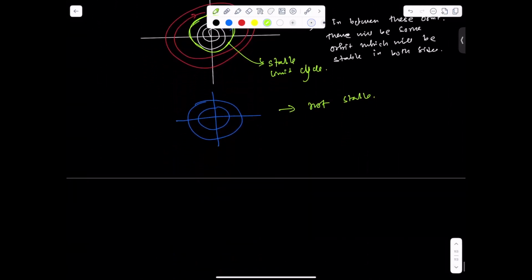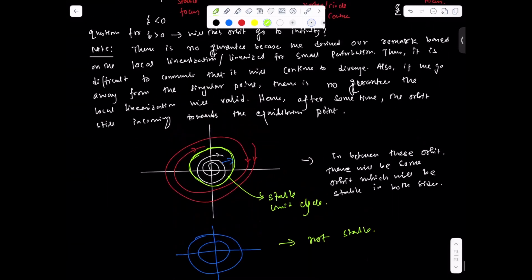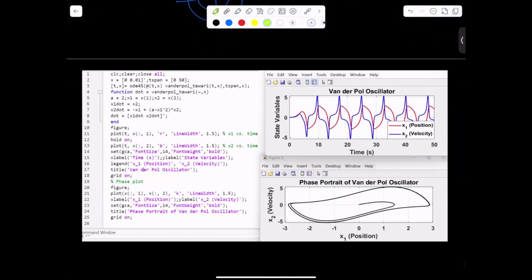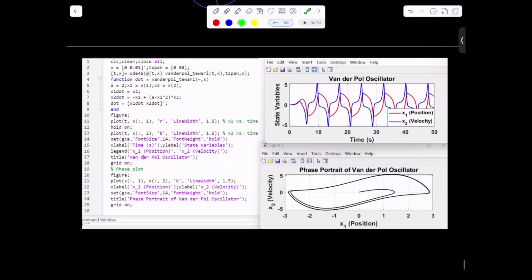Now we'll have the MATLAB code for this particular example. Let me go through this MATLAB code. If you notice here, we have the two equations, with the dot, and we have used ode45 to solve these nonlinear equations. And if you notice, x1 and x2 are oscillating with constant amplitude.